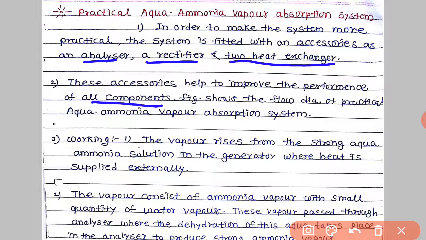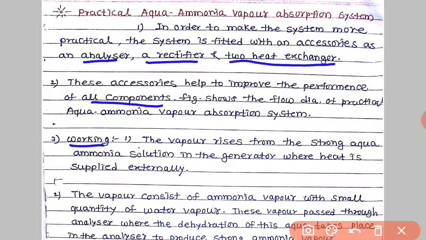Now we are going to see how it works. The vapor rises from the strong aqua ammonia solution in the generator, where heat is supplied. In the generator, the heat is supplied by a heating coil or any external heating source. There, the heating of the strong aqua ammonia solution takes place and vapor rises.